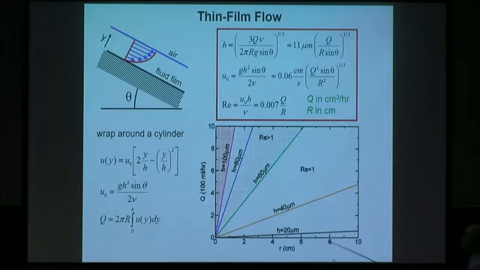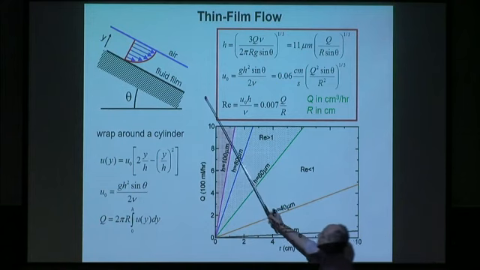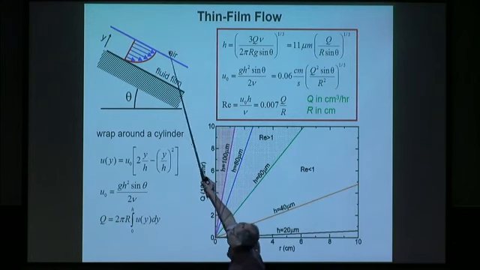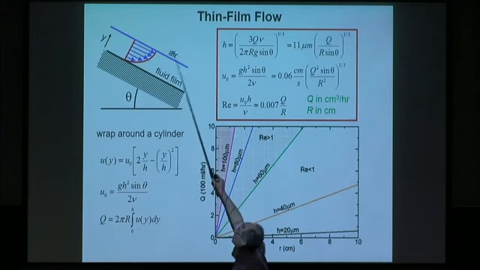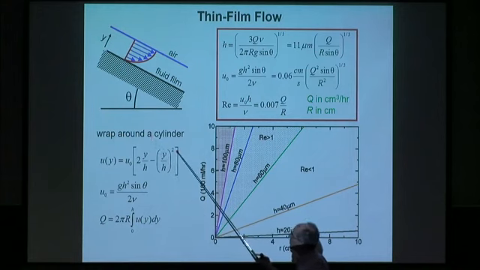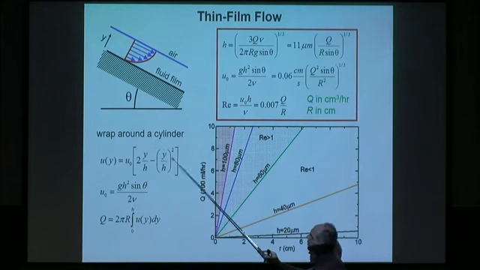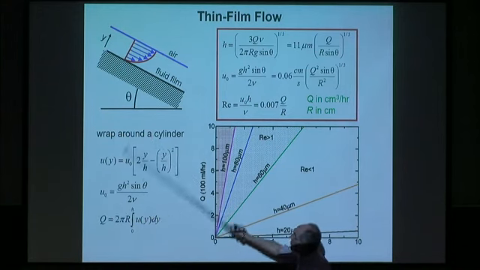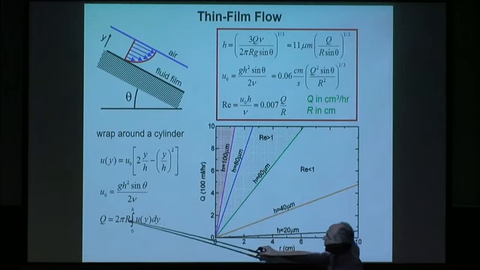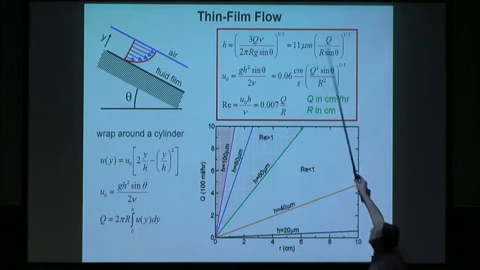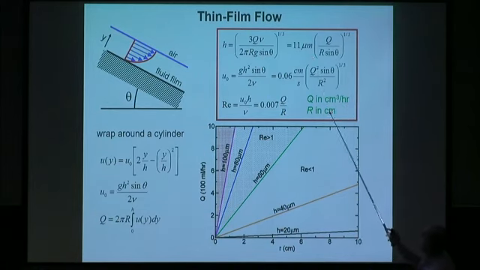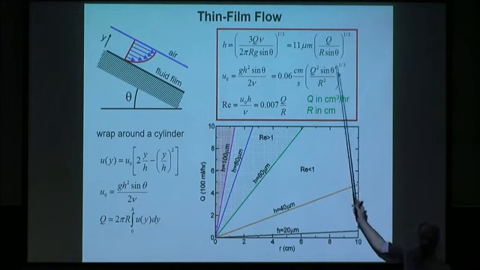So basically, if you were to cut a cross-section of a stalactite, you'd see a little fluid flow in a thin layer here, thickness H, which would have 0 velocity at the calcium carbonate surface, and it would have 0 derivative at the air. And so it's just a function that's linear and quadratic. You can calculate from that the typical flow speed in here and the flux of fluid coming down. And when you put this all together, you can find that the layer thickness, in units where you measure the flux of water in cubic centimeters an hour and the radius in centimeters, is typically about 10 microns.